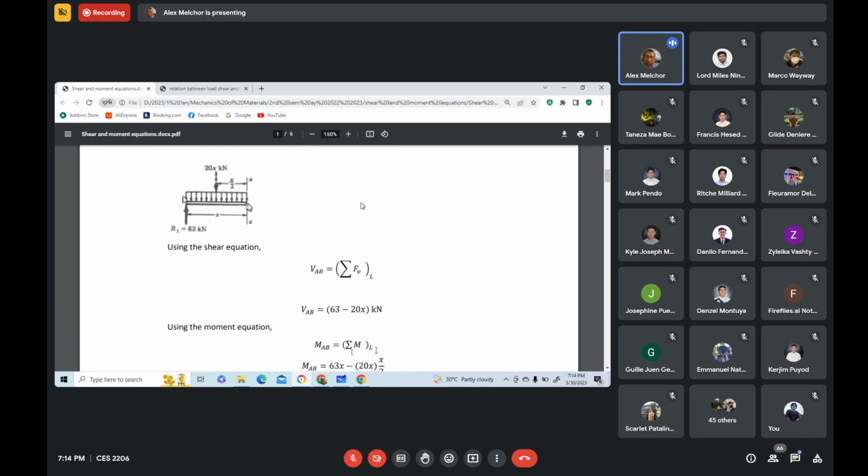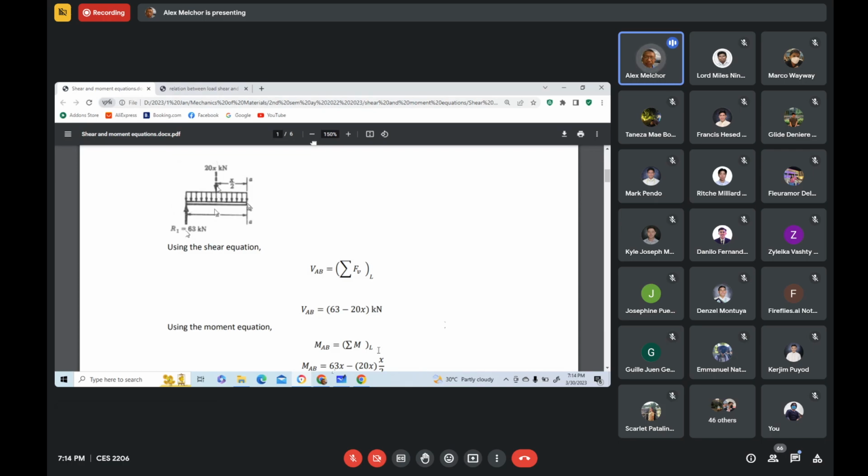So we first consider the moment of this force. Since this is acting upward, we have positive moment, 63 times x. So we have here 63 times x. And then next is the moment of that downward force.